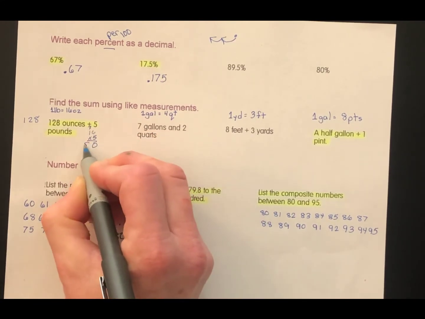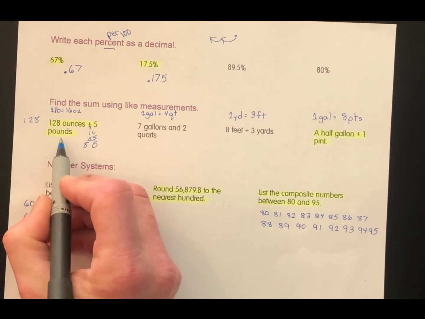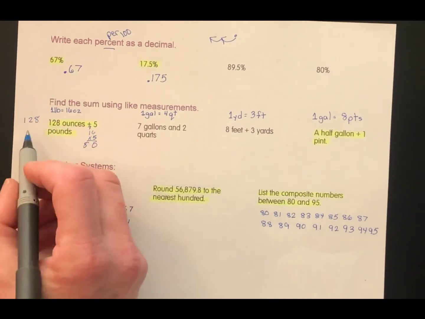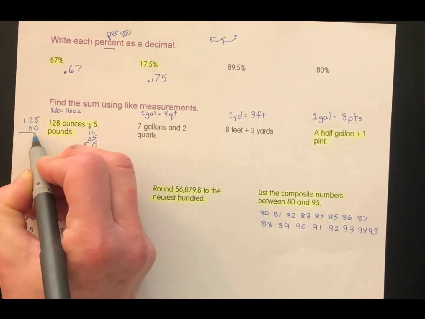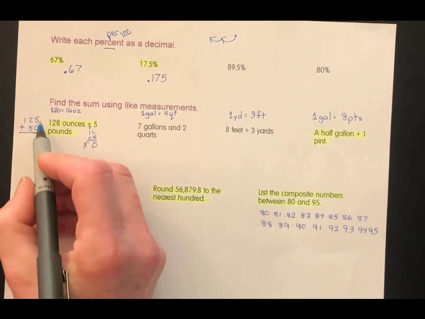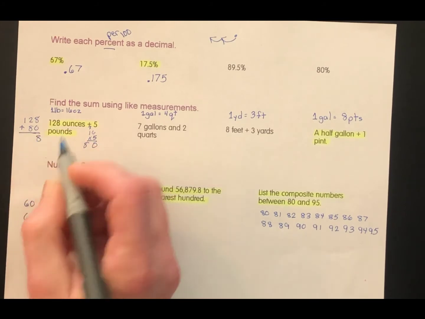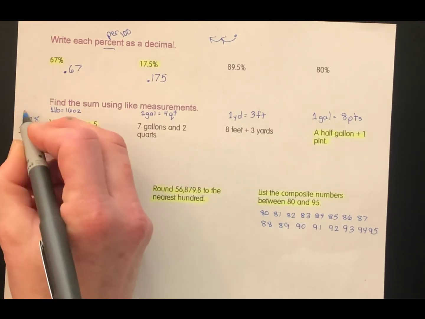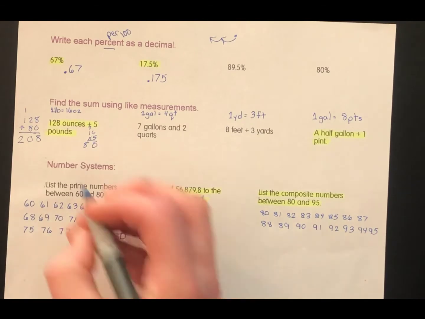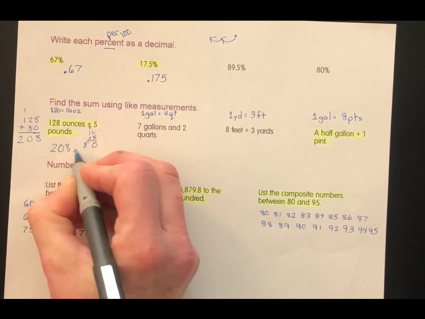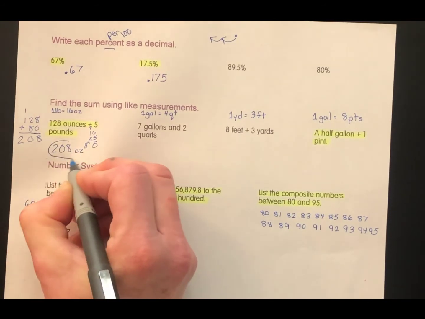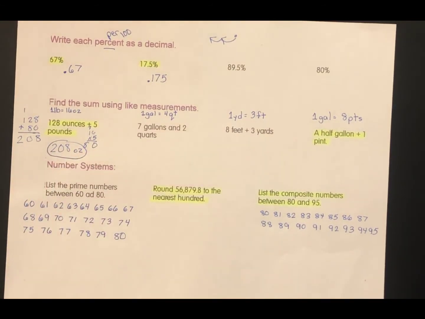So it would be 80. So 5 pounds is 80 ounces. So I have 128 ounces plus 80 more ounces. When I add those together, I get 8, carry the 1, I get 208 ounces right there. If you want to go the next step, you can convert that back to pounds, but we'll go ahead and keep it like that for now.